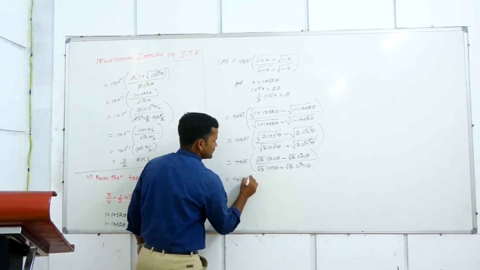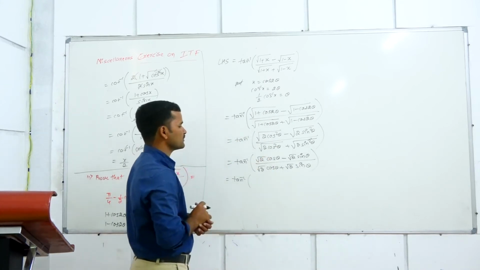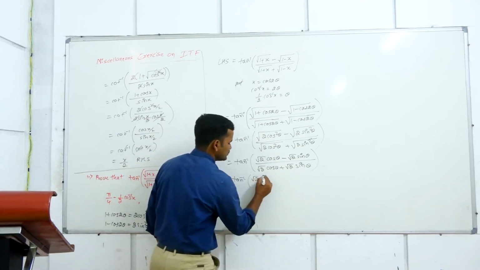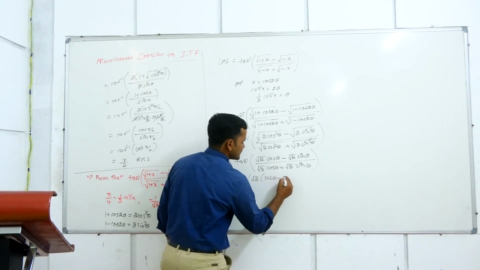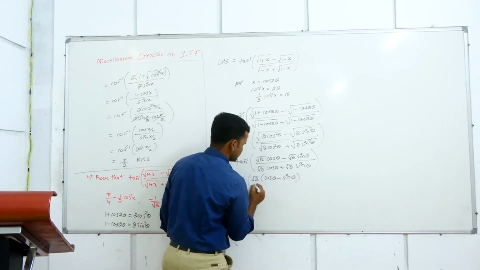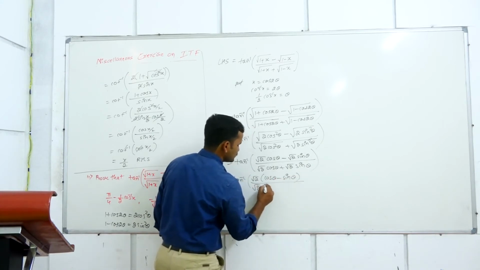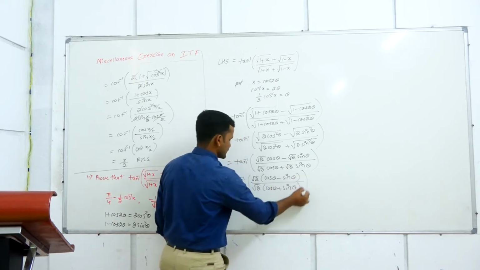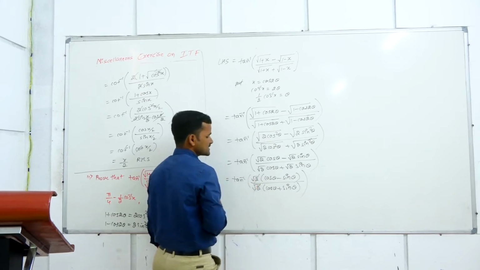Tan inverse of, root 2 we can take common from both numerator and denominator. Root 2 into cos theta minus sin theta divided by root 2 into cos theta plus sin theta it is. Okay, root 2 gets cancelled.